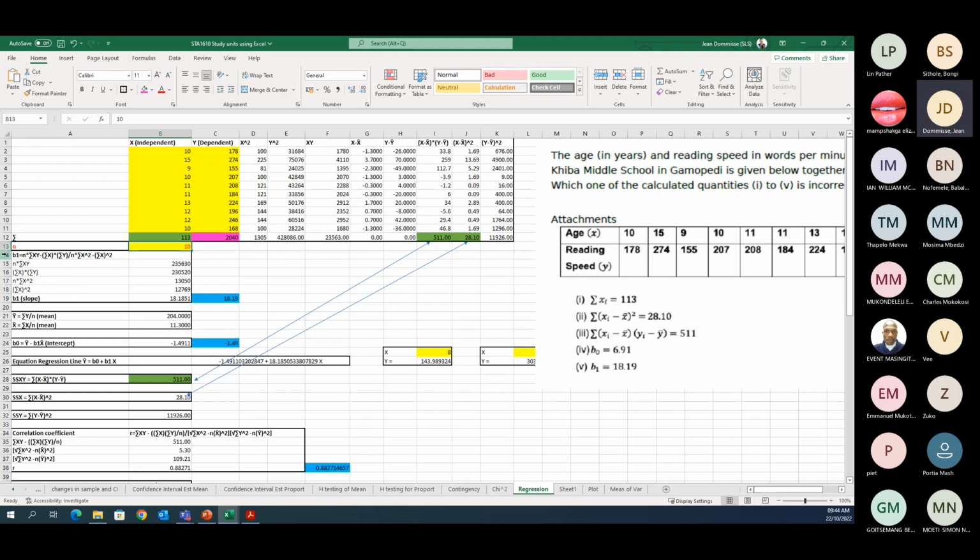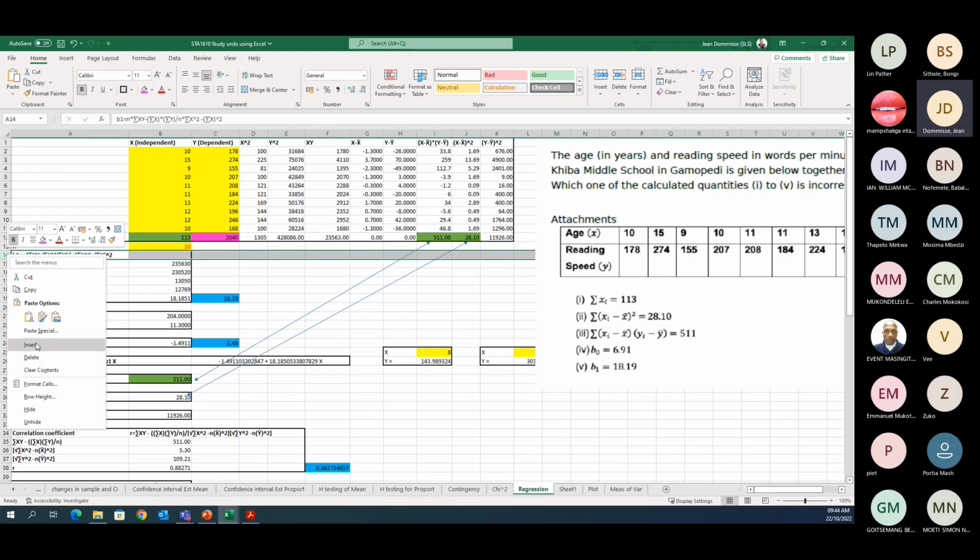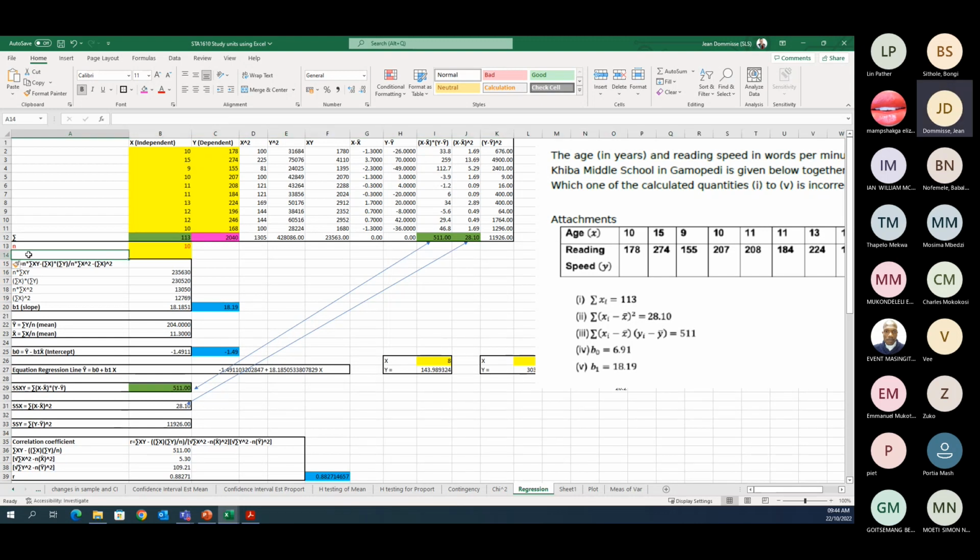So I am going to include here a calculation for the mean. Okay, so the mean is, and remember what the mean is, the sum divided by your sample size. So we've got the mean as 11.3.